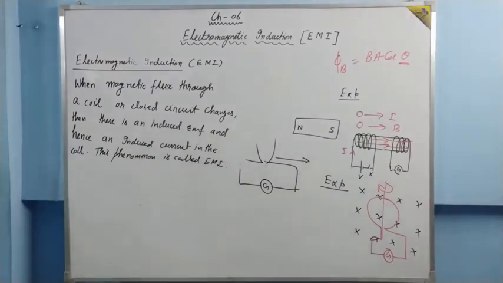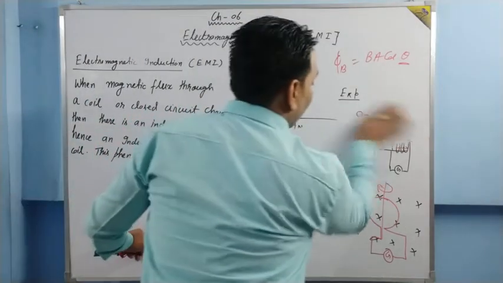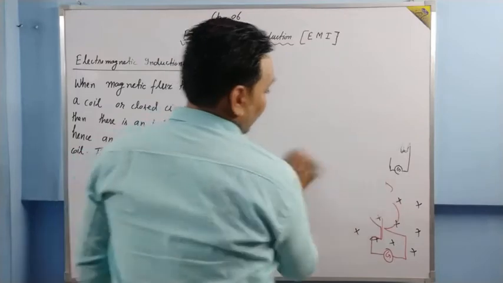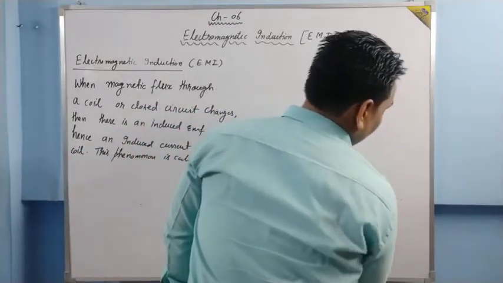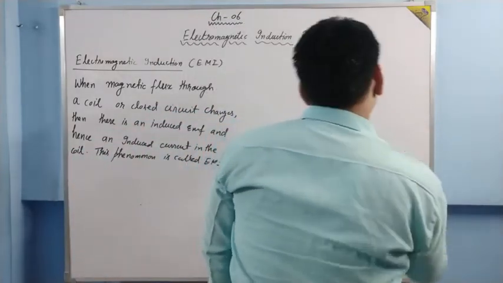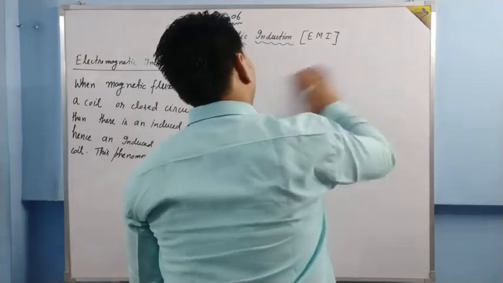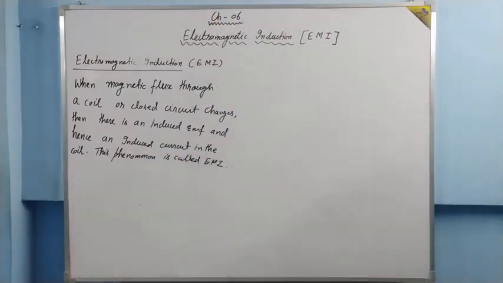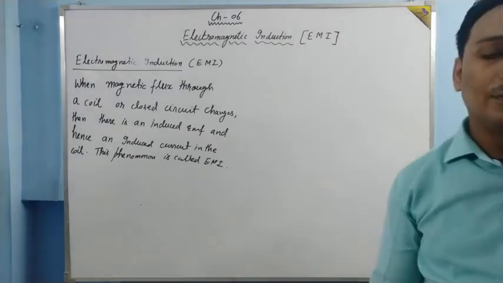When the magnetic flux through a coil or a closed circuit changes, then there is an induced EMF, and because of that induced EMF, there is an induced current in the circuit, and this phenomenon is called electromagnetic induction. Okay, it comes out from Faraday's experiment.